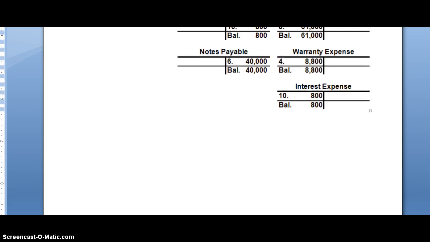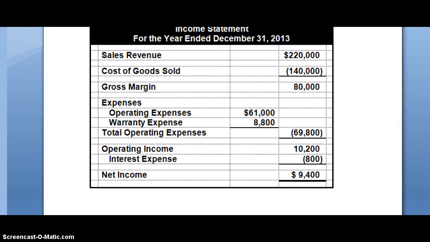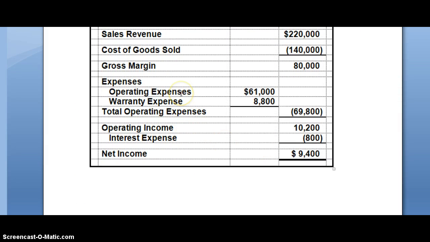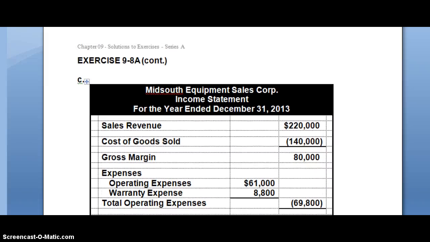Now we're going to look at operating expenses and warranty expenses.